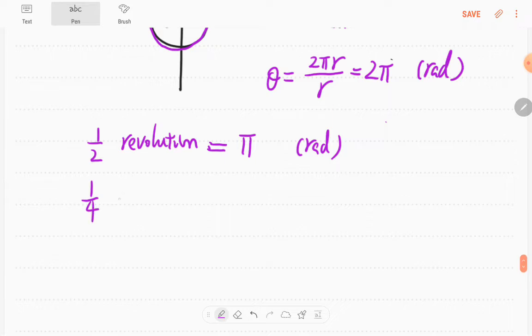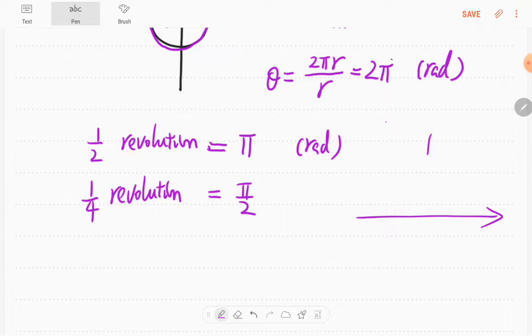1/4 revolution, which is pi over 2. So here is 0, not 0 degrees.